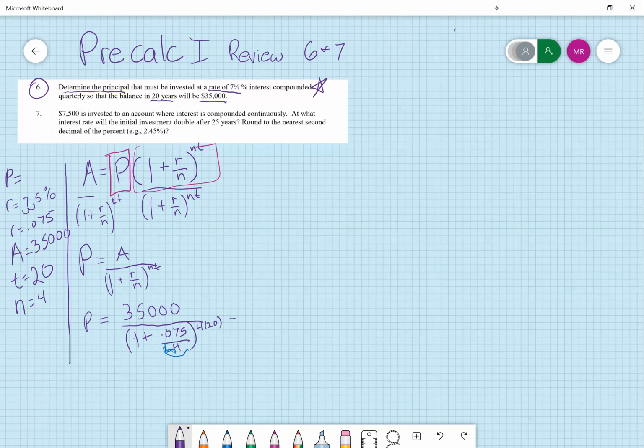So 35,000 carries over, and this turns out to be 1.01875 raised to the 80th. If you're using a calculator and you don't know how to raise to a power, it's called a hat, or caret. I raise it to the 80th power, and that gives me 4.419, about that.